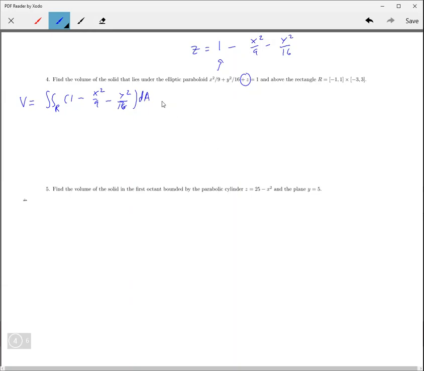Like that. So it doesn't really matter which one you integrate with respect to first. So that means that I will go with respect to x first. So this is what you're looking at right here.